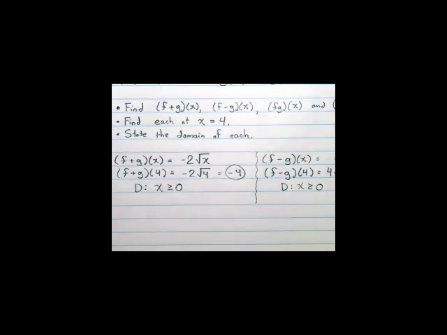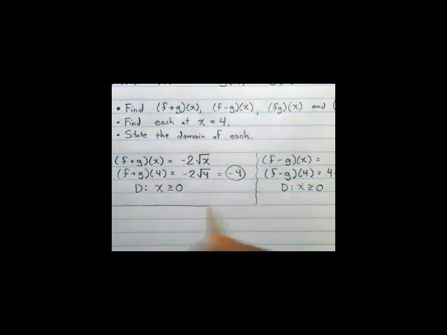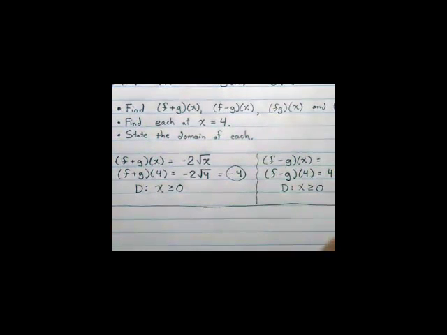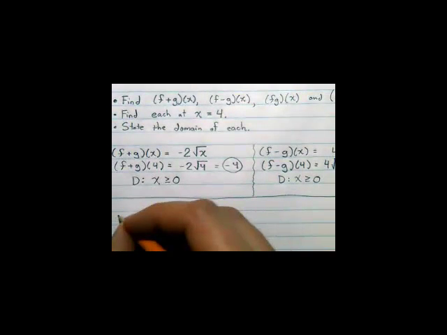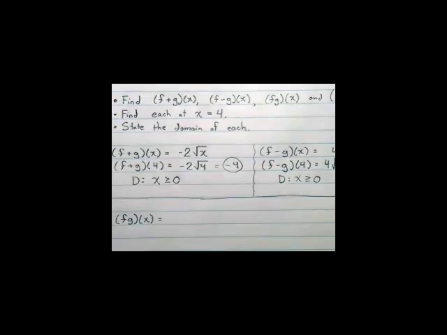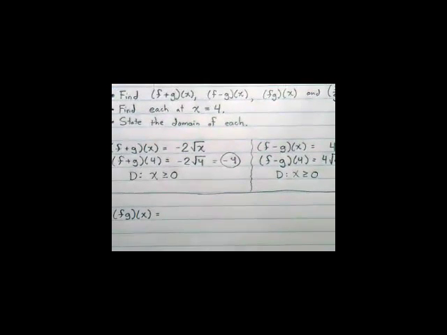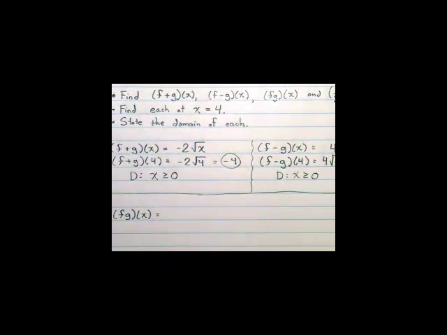Now, when we get to multiplying and dividing, our domain is going to appear to be some funky stuff, but I will explain what's going on. The first two steps here I think you guys can still do with me without too much trouble. So, f g of x. I'm going to multiply those two things together.